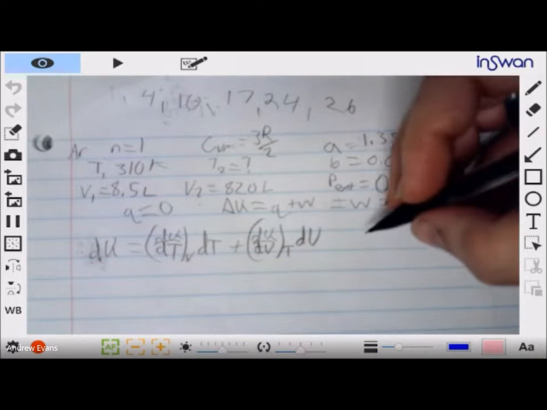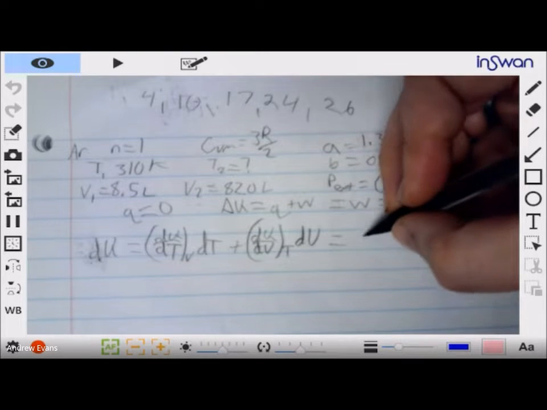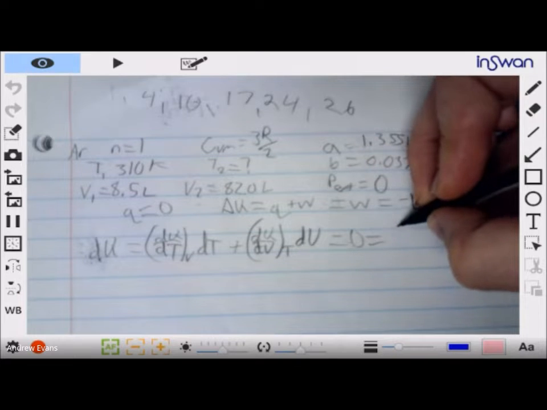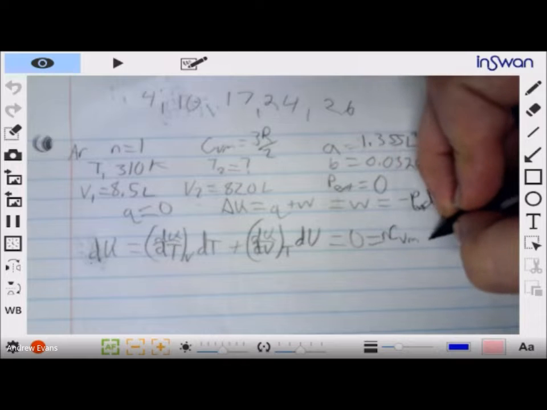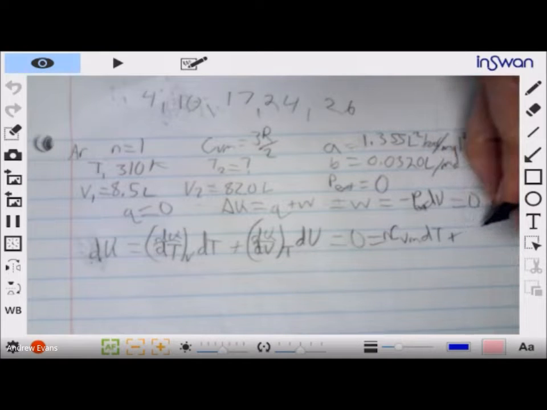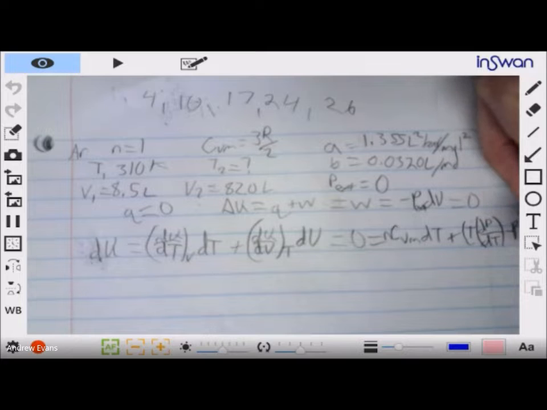Exchanging these for our known expressions, 0 equals C sub V sub m times n dT plus T dP/dT minus P dV.